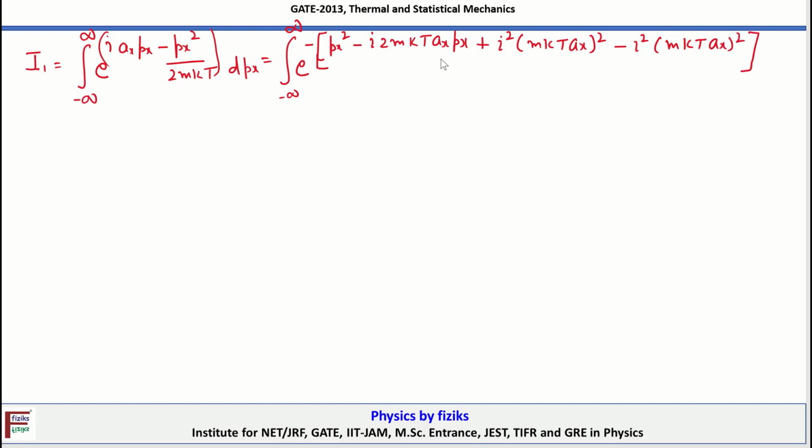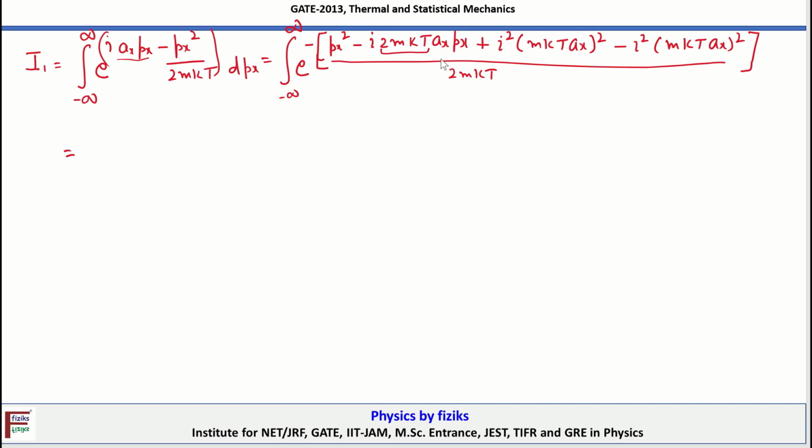This entire expression is divided by this 2mkT. So it's clear why I multiplied here with 2mkT: 2mkT and 2mkT will cancel with each other, and then this term will be obtained. Now let's move to a further step.